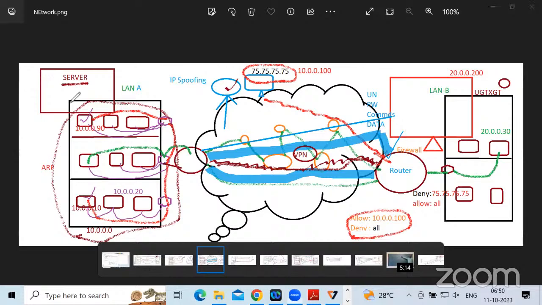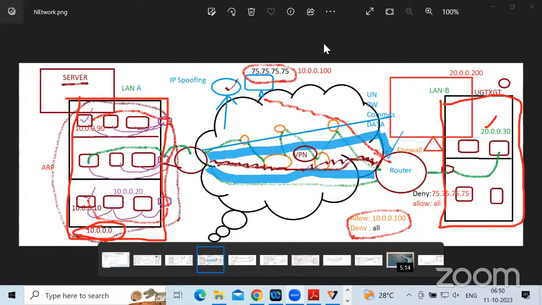So you are having a LAN here, and you have another LAN here, local area network. You have the IP addresses like 20.0.0 here, and 10.0.0 on the left hand side. Now you are having in between the hackers.